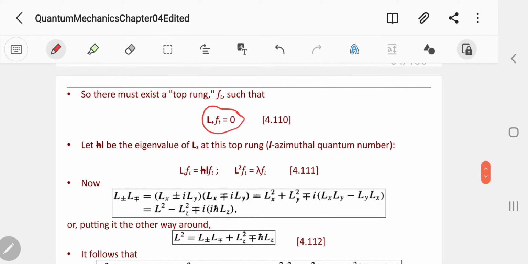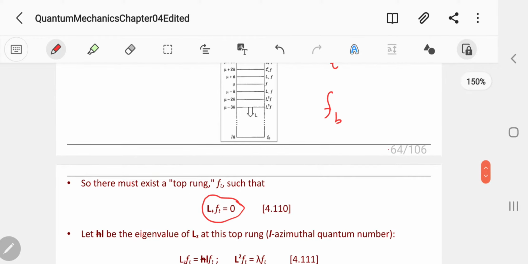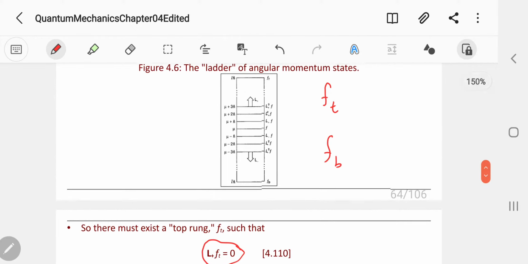So here you have Lz acting on the top rung would be h bar l times f top. l here is called the azimuthal quantum number. Look at here.